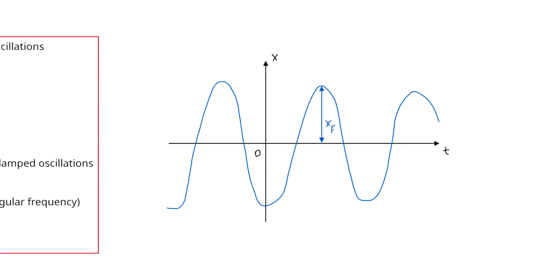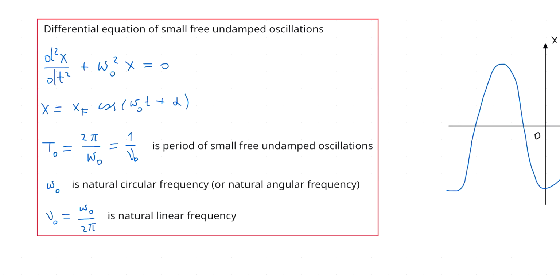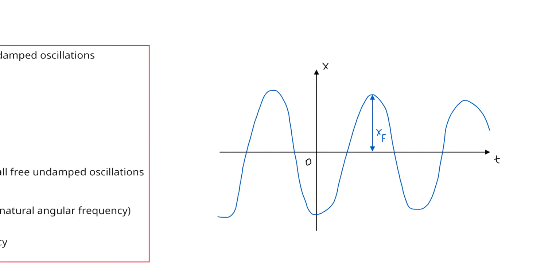Okay, and what about alpha? Alpha is the initial phase of oscillations. Alpha shows a shift of this graph. So this distance is equal to alpha divided by omega 0.